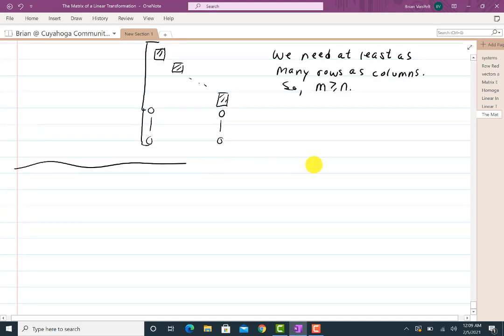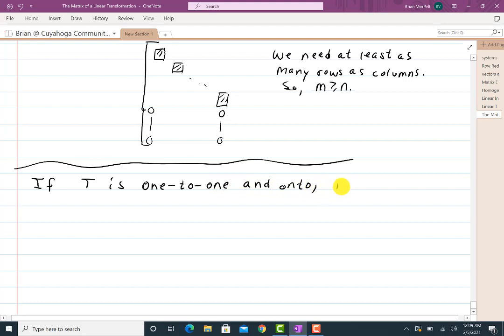One last thing. If T is 1 to 1 and onto, then m will equal n, and you'll have a square matrix.